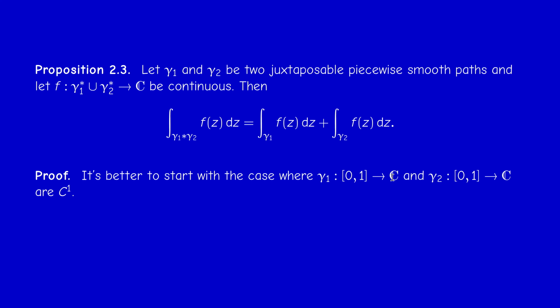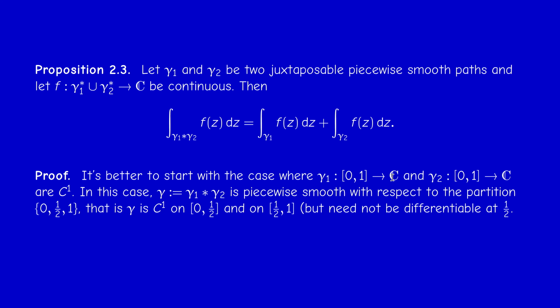Suppose that gamma 1 and gamma 2 are C1, okay? In this case, the composition is piecewise smooth with respect to the partition 0, 1/2, 1, which means that gamma is C1 on [0, 1/2] and C1 on [1/2, 1]. Okay, but it need not be differentiable at 1/2, right?